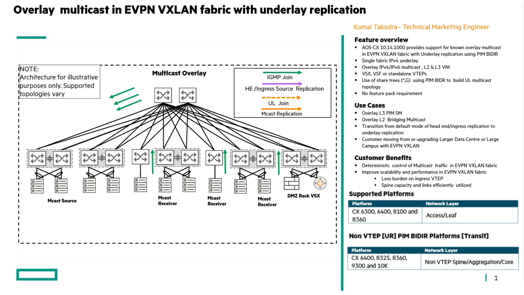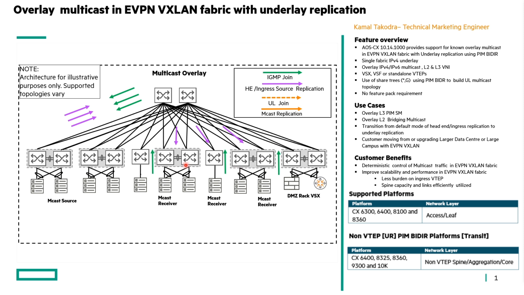The multicast source VTEP for CX replicates the source traffic for each VTEP, as shown. This burdens the multicast source VTEP as well as increases traffic between the source VTEP and the spines. The multicast traffic is then forwarded by the spines to the multicast receivers.